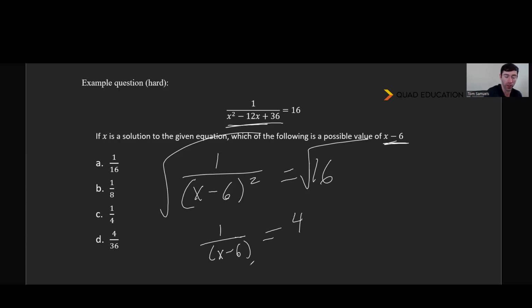Pretty easily we can do our little denominator flip rule here and just say that 1 over 4 equals x minus 6. And in 3 or 4 lines of algebra, we've already gotten to the answer, and that is a quarter.